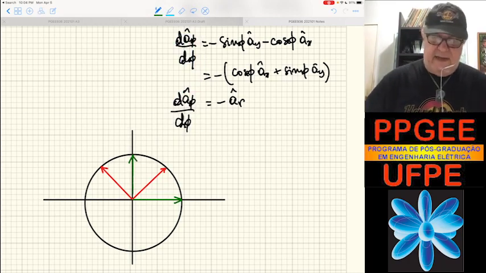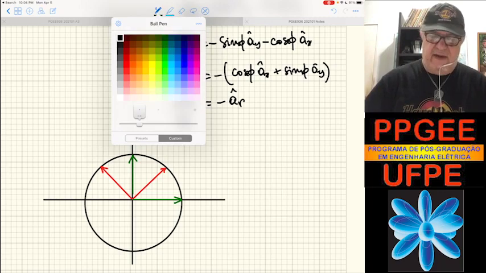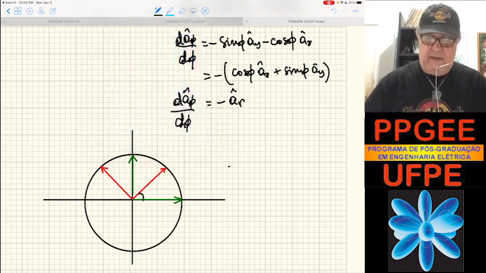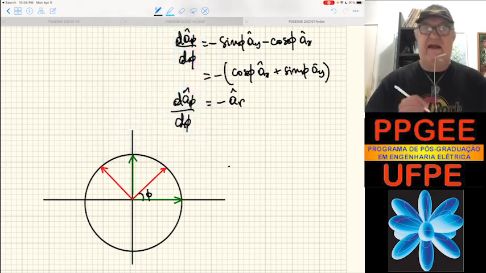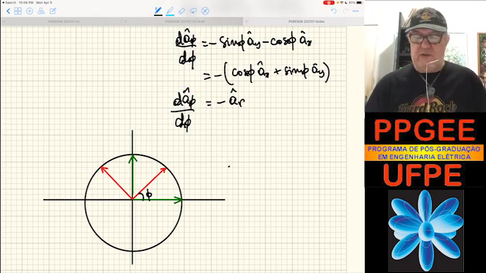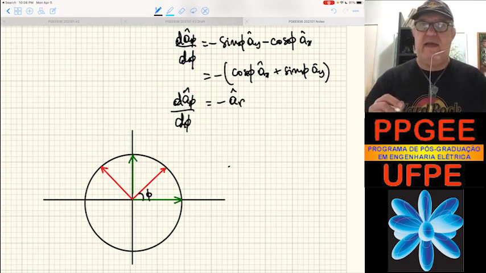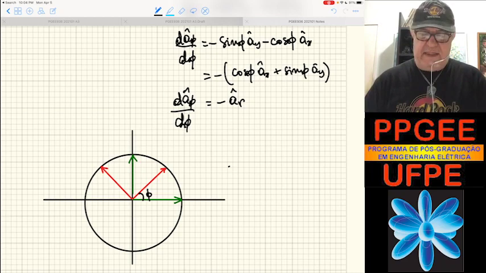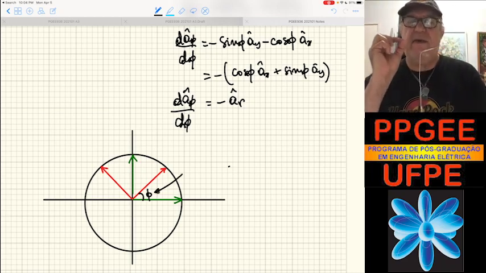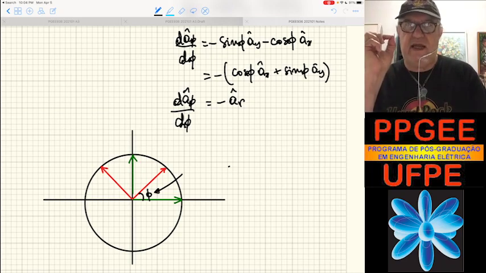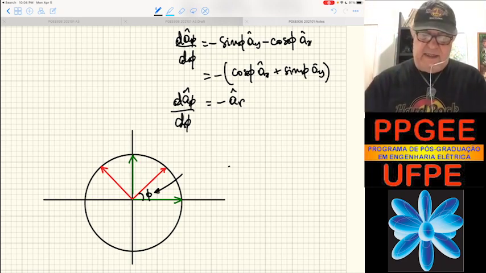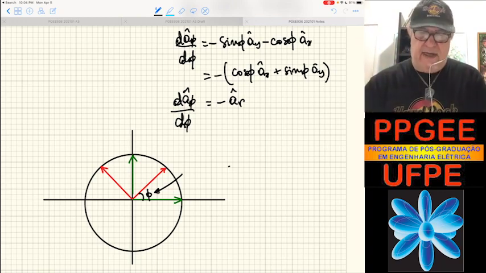So it means that I make a small deviation of phi radians here, right? So this is for a given value of phi. To calculate the derivative is to ask, if I make a small, differential change in phi, what is the change in the versors AR and A phi? For instance, I'm going to make a little exaggeration here, a little larger.